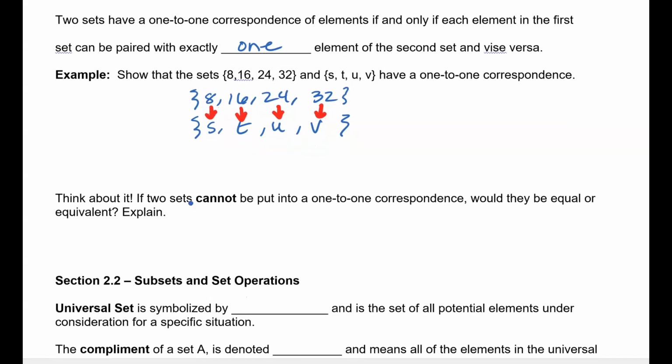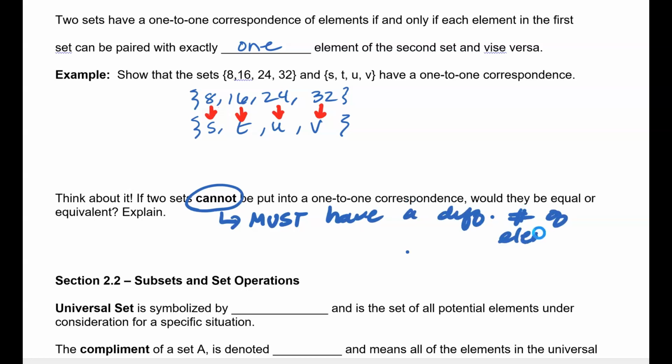And then let's think about it. If two sets cannot be put into one-to-one correspondence, would they be equal or equivalent? Explain. So two sets cannot be put into one-to-one correspondence. So what would that look like? If they cannot be put into one-to-one correspondence, it means that they must have a different number of elements.